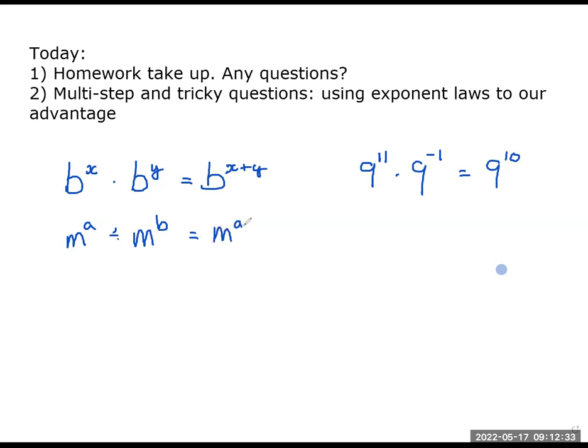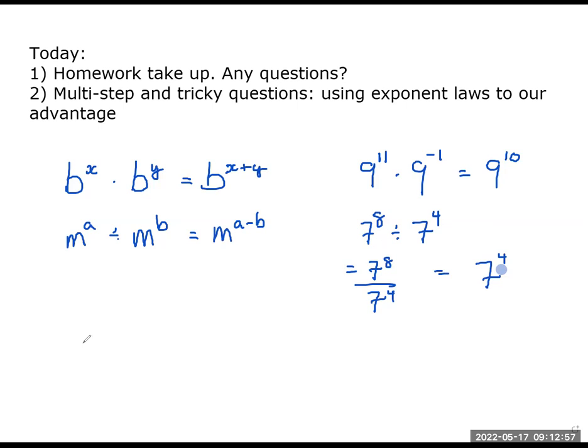So this is m to the power of a minus b. For example, if I have 7 to the power of 8 divided by 7 to the power of 4, that will be 7 to the power of 8 minus 4, which is 7 to the power of 4. We did two more things.